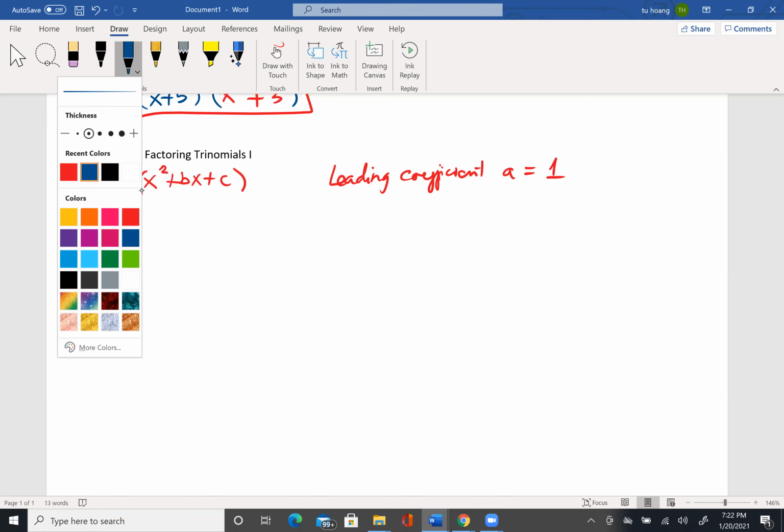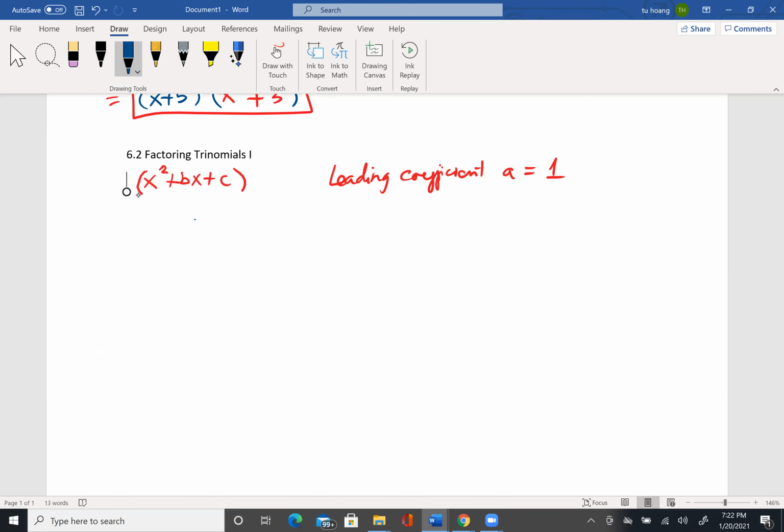I'm going to put it down here. 1, let me clean this up. 1 over here, right? This is a. So if you see a problem in this form, it is called trinomial in form of 1, or you can say just trinomial in the case of leading coefficient a equal to 1.